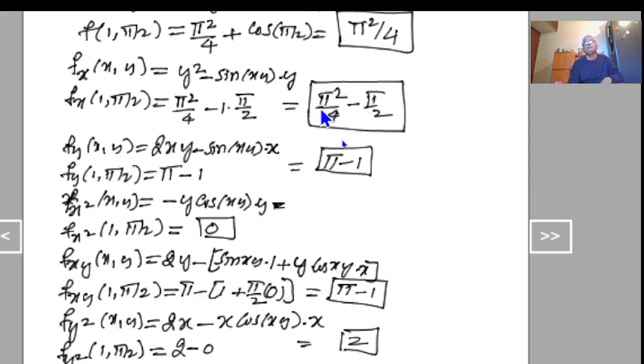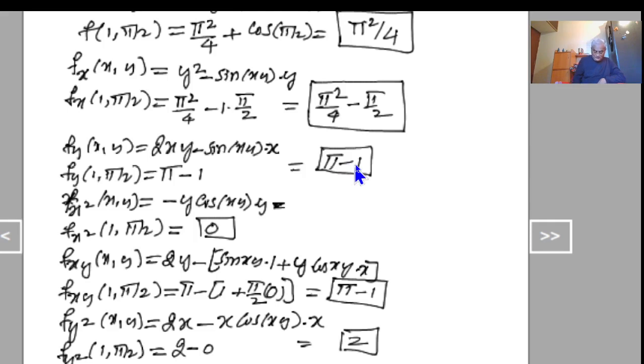What is fx here? Fx is this. Pi square by 4 minus pi by 2 plus y minus b, y minus pi by 2 into fy. What is fy value? Fy is equal to pi minus 1 into pi minus 1.